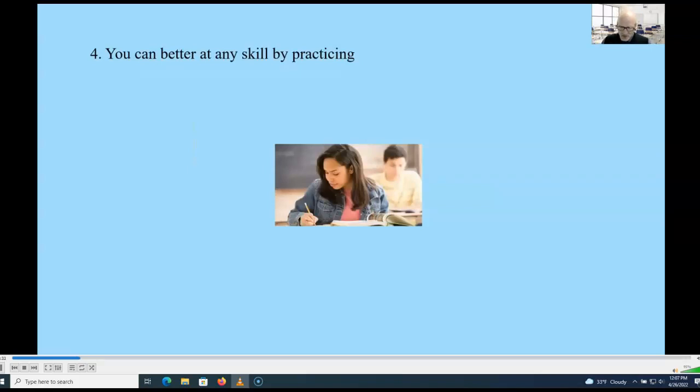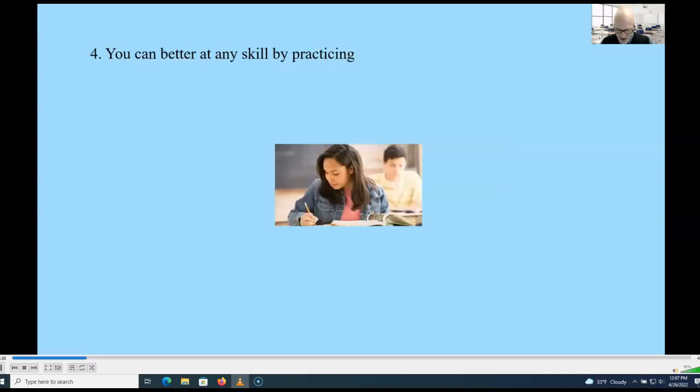You get better at any skill by practicing. You do not get better if you do not practice. Writers need to write every day. Doesn't need to be long. It could be 5 to 10 to 15 minutes, but they should know every day they are going to come to school and they are going to do authentic writing. Authentic writing is where you describe your ideas, your experiences.